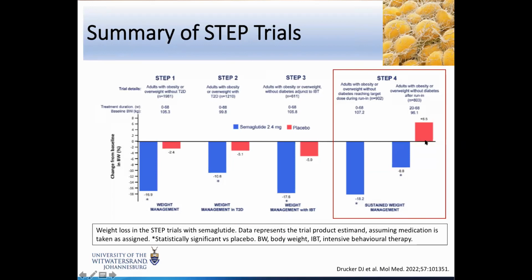The other important concept here is that when the drug is stopped, which is like most other anti-obesity medications as well, there is about 7% weight gain. So again, it's a chronic disease. We need to continue the medication long-term, because as soon as we stop the medication, the weight gain will recur.